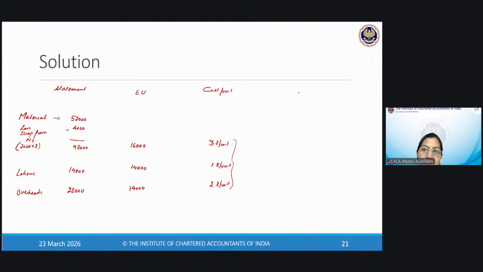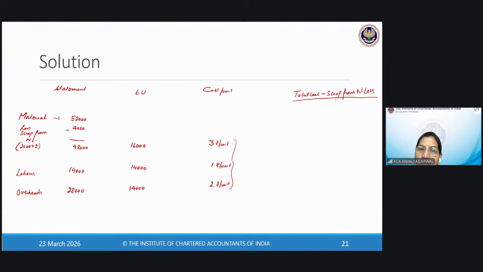Like I said, the fundamental rule will remain same. Total cost of material or whatever minus scrap realized from sale of normal units. Scrap from normal loss is only deducted, not scrap from abnormal loss. The abnormal loss scrap is deducted from the abnormal loss account only.